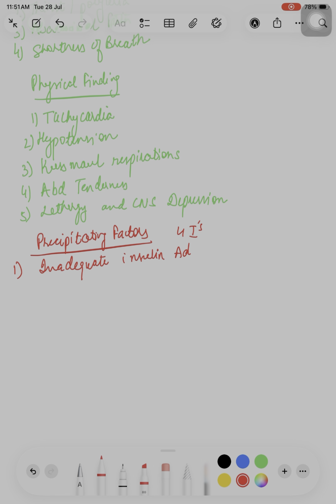Second is infection. Infection can be in the form of pneumonia, UTI, gastroenteritis or sepsis. Third is infarction. Infarction can be cerebral, coronary, mesenteric or peripheral. Next is intoxication, like cocaine, right?